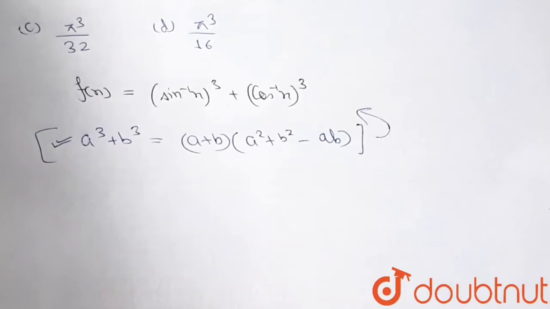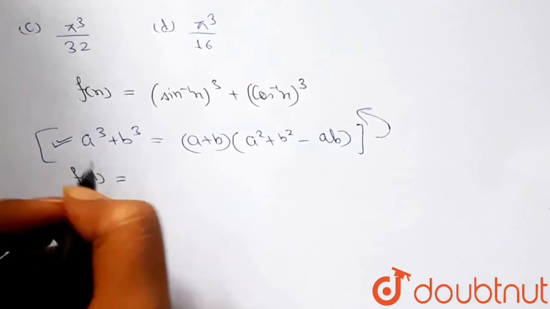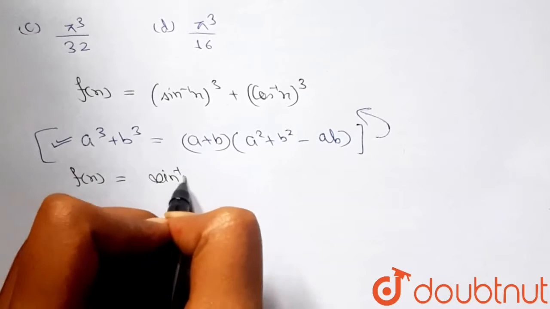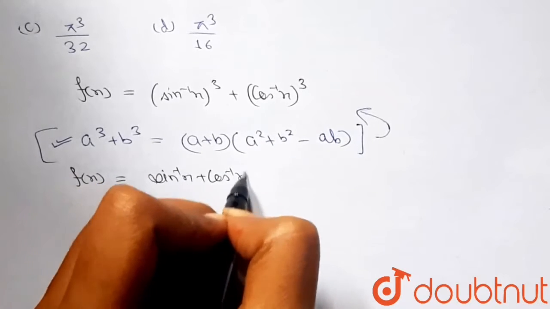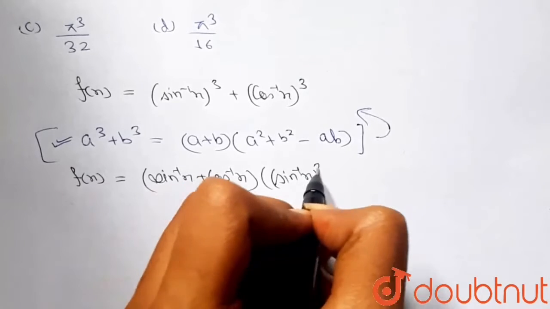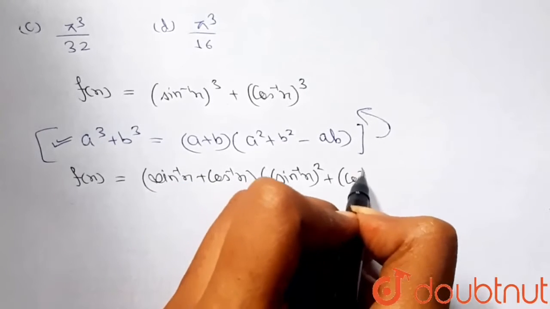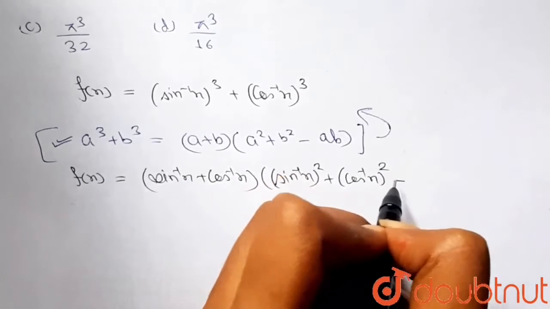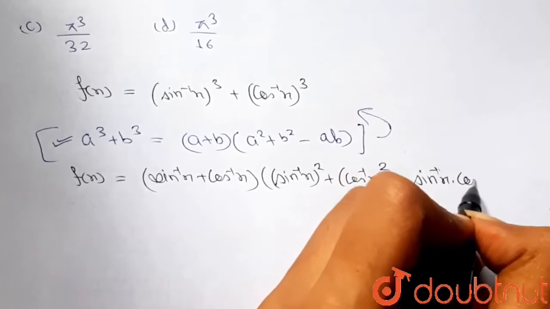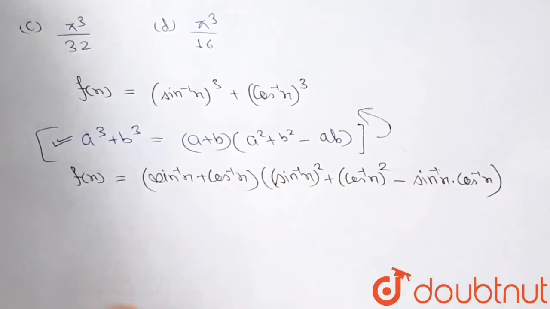So this will become f of x equals a plus b, that is sin inverse x plus cos inverse x, in bracket a square, that is sin inverse x whole square, plus b square, that is cos inverse x whole square, minus ab, that is sin inverse x into cos inverse x, right?